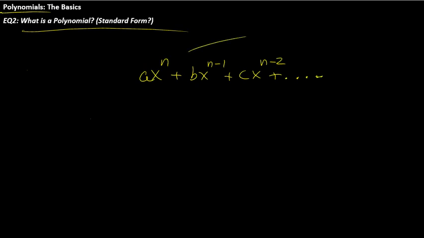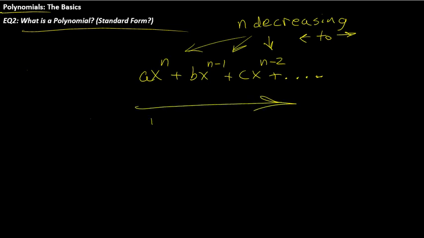What ends up happening is we have n decreasing from left to right, meaning we're writing it in descending order.